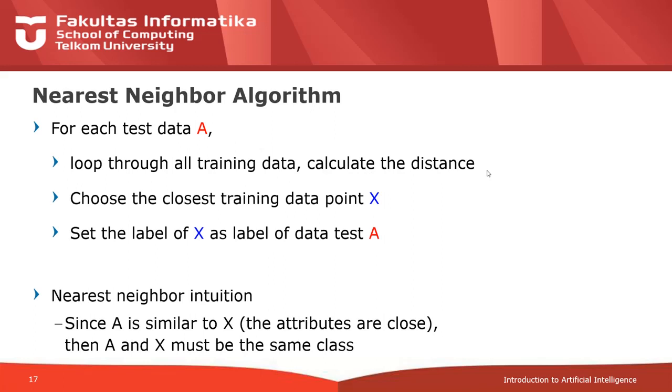Calculate the distance between what? Between that training data and the test data. And then we choose the closest training data, in this case X, and the label of X will be the label of the dataset A. So how it works is that we are trying to find the most similar training data to the test data.